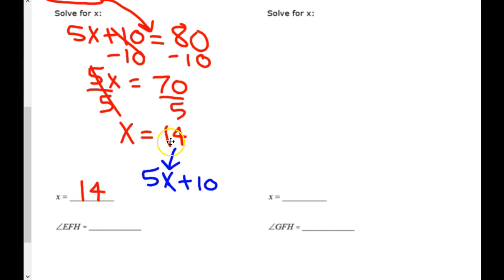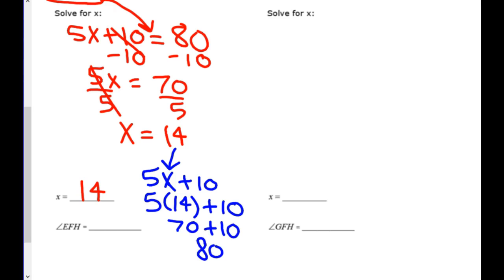And if I know x equals 14, I'm going to replace that x with 14. Substitution. Okay? So 5 times 14, in parentheses, plus 10. So what is 5 times 14? 70 plus 10 gives me 80. So I'll write that in right here.